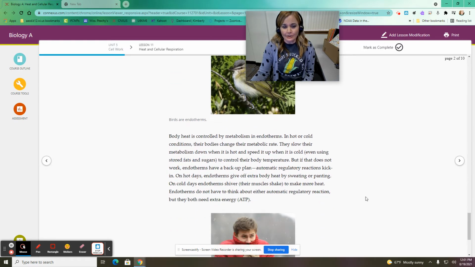Endotherms have the ability to regulate their body temperature. So they produce a lot of heat because of a lot of thermogenesis, but if it's too hot, we have mechanisms in place to help us cool down, like sweating or panting or things like that. And if it's too cold, we can shiver or do other things to help us to warm up.